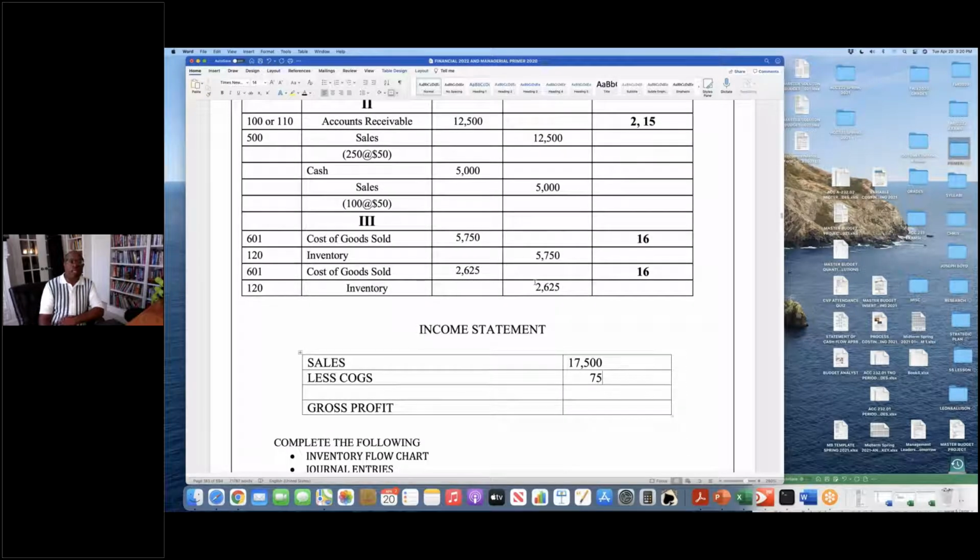Now we want to add these two numbers, the costs, and how much are we going to get? Are you adding the sales number with the 2,625? We want to know how much money we made, so we got to look at our costs. Oh, those two numbers, you add those. Sorry, I thought you meant the sales. Okay, I got 8,375.